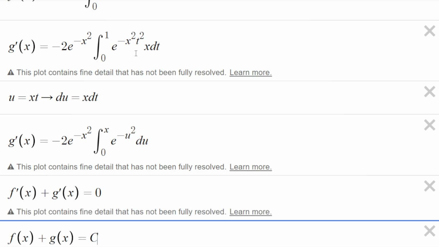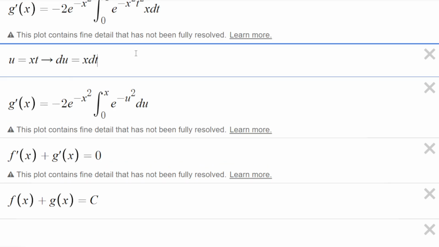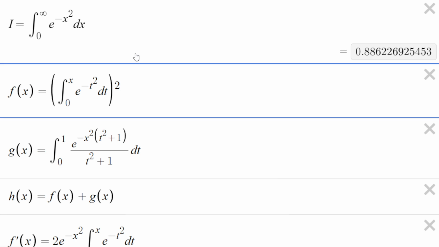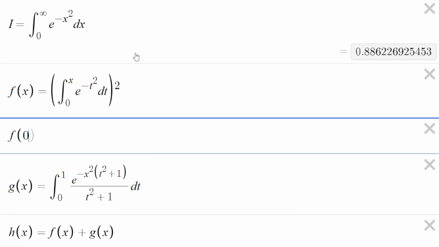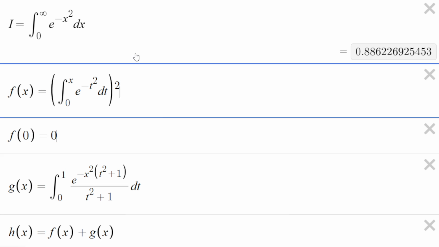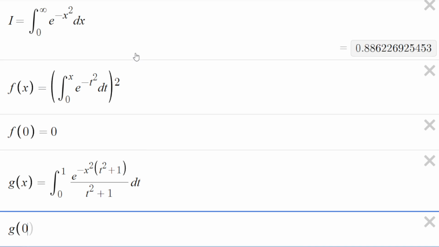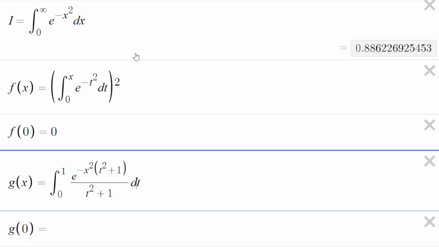And now we need to figure out what that constant c is. Well, let's take a look at our original f of x and g of x. What if we let x equal 0? Well, f of 0 is certainly going to be 0 because we will have the integral from 0 to 0. So f of 0 is equal to 0. g of 0 is equal to, well, if we plug in x equals 0, we're just going to get a 1 on top.